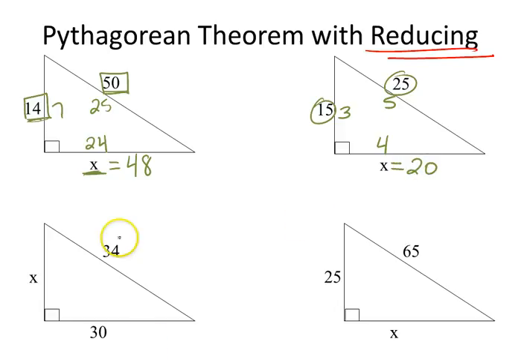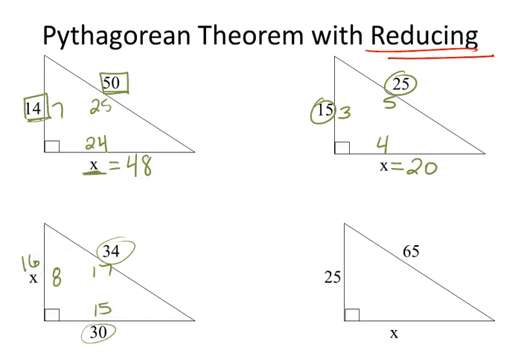Taking a look down here on the left, again, I can divide both of these by 2, giving me 15 and 17, which means my third side has to be 8 because it is an 8, 15, 17. And since my original numbers were multiplied by 2, my third number also has to be multiplied by 2, which is going to give me 16.